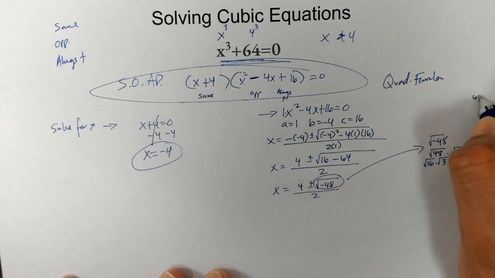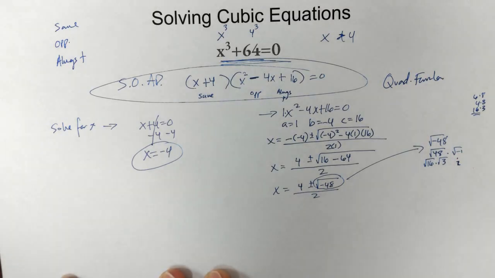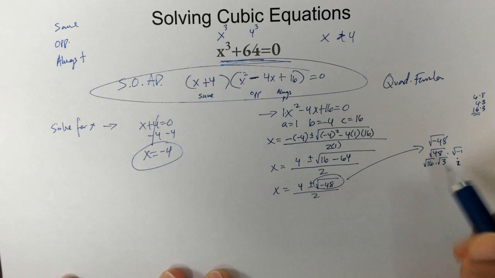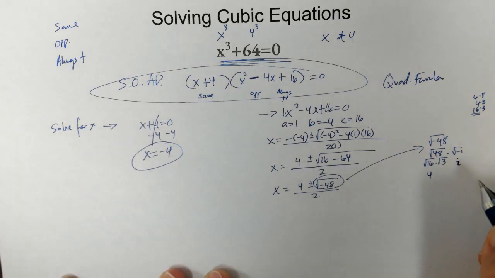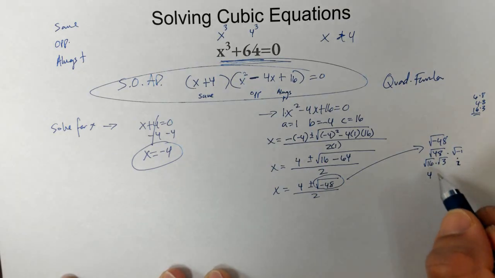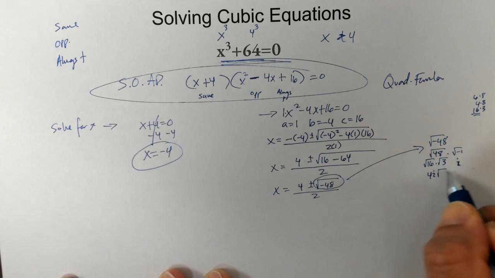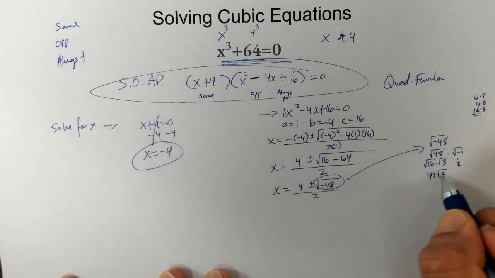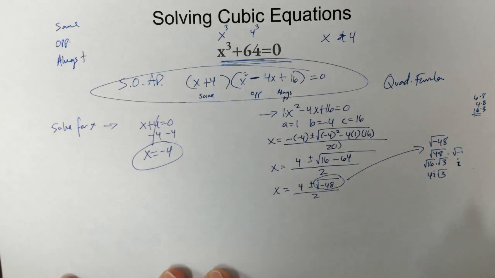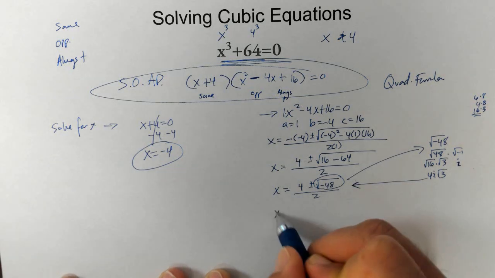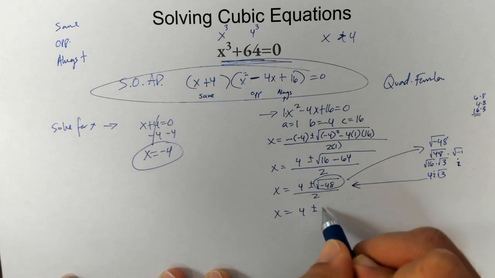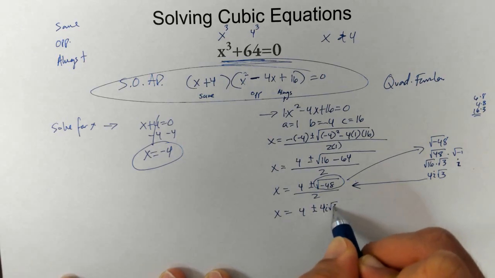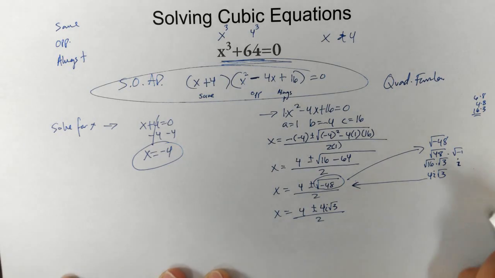But I'm going to go with the highest perfect square, so that when I square root it, it comes out nicely to just 4. And then the i, I'm going to put it in front of the square root 3. That way I don't put the square root 3 and the i next to each other. So I can replace that here. x equals 4 plus or minus 4i radical 3, all divided by 2.